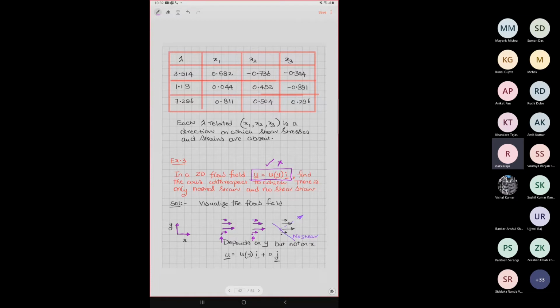Now, you have such a varying velocity field in the system. What I would like to know is, is there only normal strain but no shear strain in this entire system? You can think of a breeze passing over a terrain. There is a topography, the earth, and the breeze is moving.